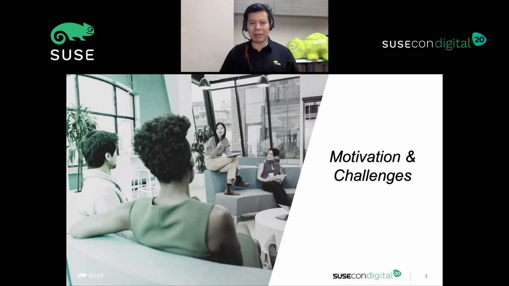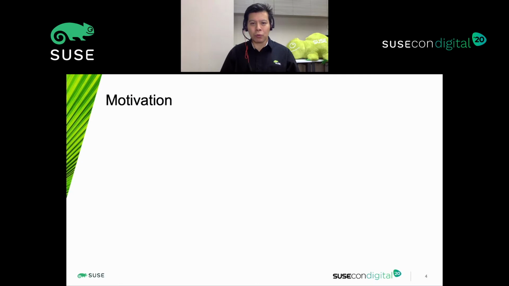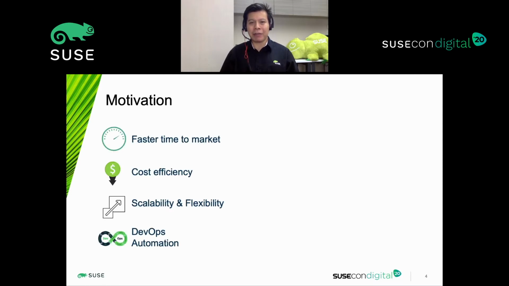First, let's talk about the motivation and challenges. Why do enterprises want to migrate their legacy applications when it's working fine with their existing business? Well, there are mainly four reasons to do it.